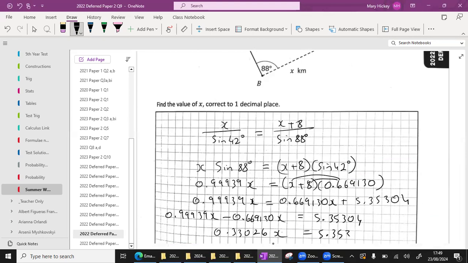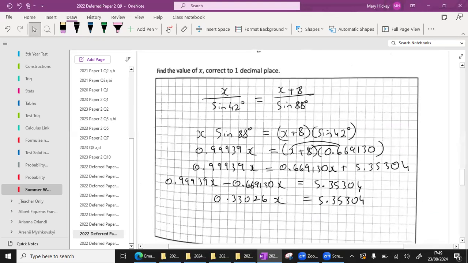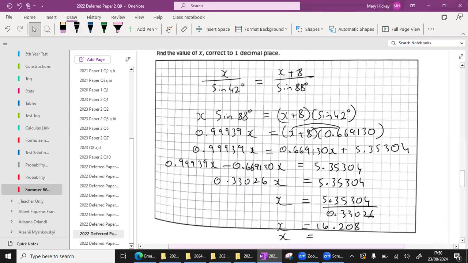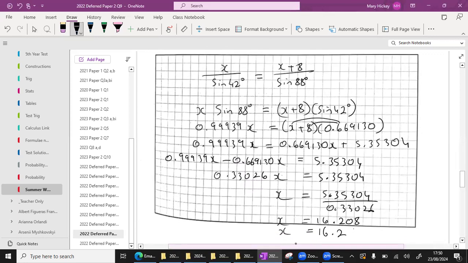And then to finish, I just need to divide and tidy up. So 5.35304 divided by 0.33026. Now we want to correct to 1 decimal place. So my answer is 16.208. To 1 decimal place, that's going to be 16.2, and it's kilometers because that was the unit in the question.